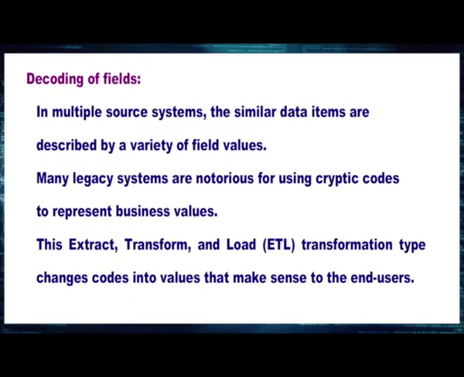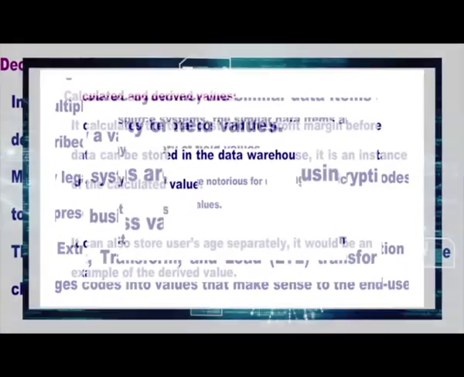Second one, decoding of fields. In multiple source systems, similar data items are described by a variety of field values. Many legacy systems are notorious for using cryptic codes to represent business values. This ETL transformation type changes codes into values that make sense to the end users.